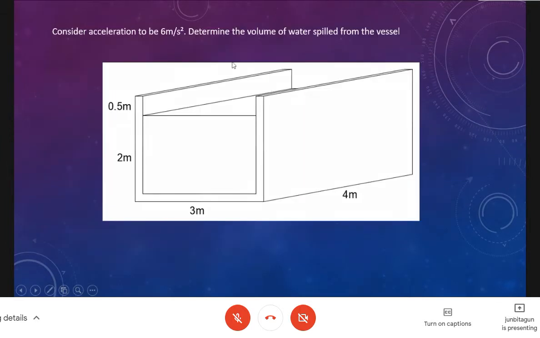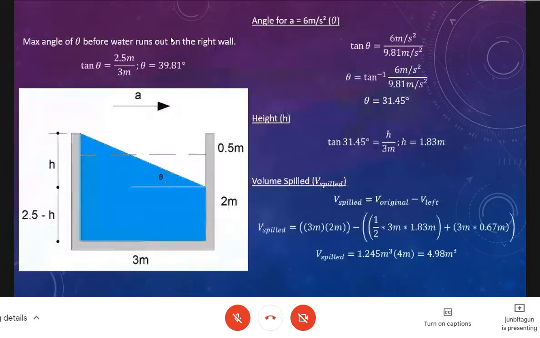But in this case, it would be 6 meters per second squared, which means that we already know that this water inside the container will spill out due to the addition of acceleration based from what we saw before. Okay, so if it accelerates, this is not on the center of 3 meters anymore.